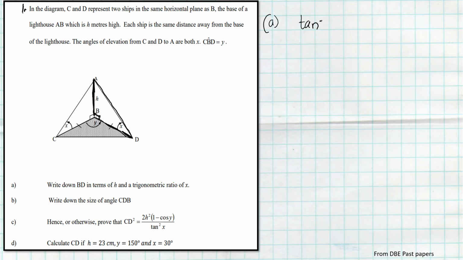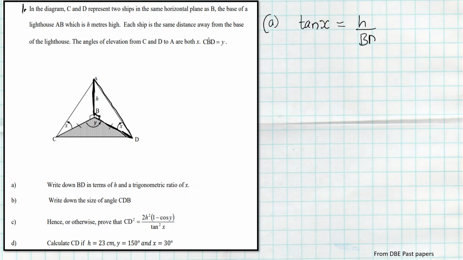So we're going to say tan x is equal to opposite over adjacent. Your opposite is h, and your adjacent is BD. So I can just write h over BD.